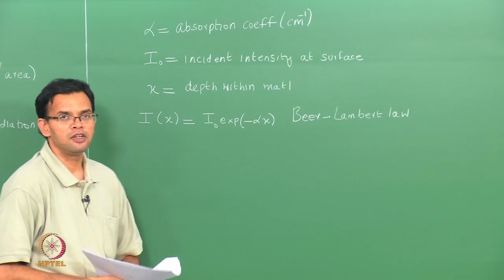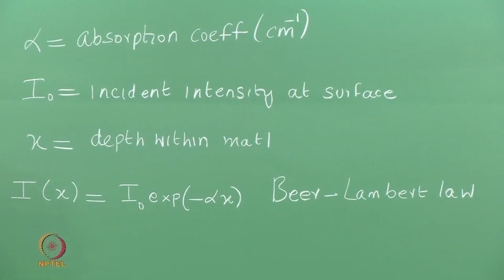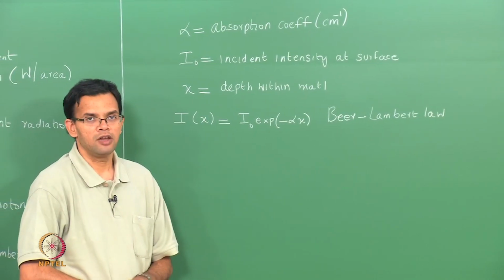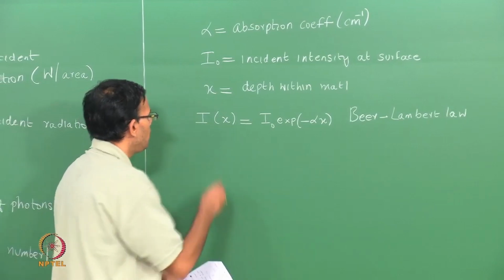This is true whether you have incident infrared radiation or visible light or UV or X-rays. In all of those cases, you are going to find that the intensity goes down exponentially as you go within your sample.